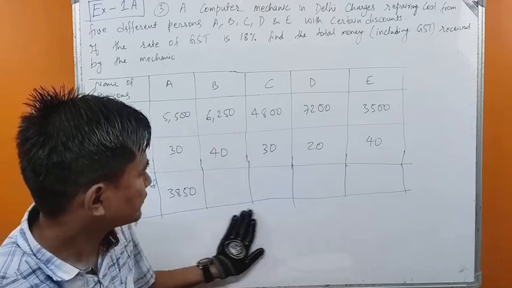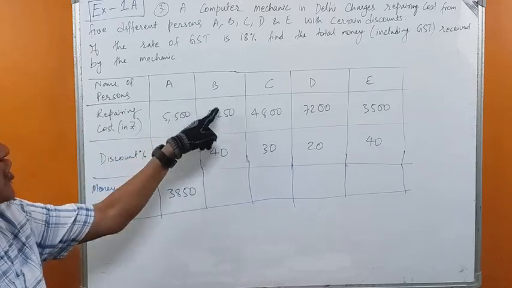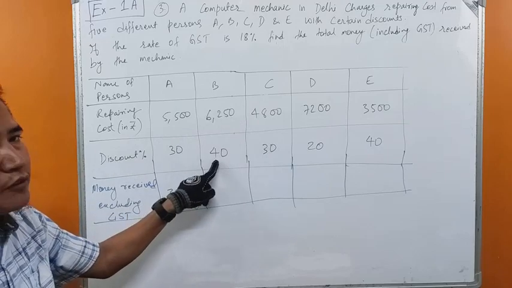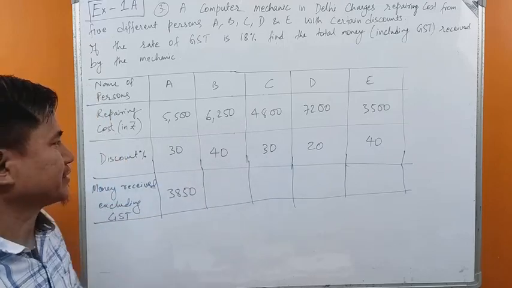Now repairing cost for B is 6,250, but he got a discount of 40%, which means he will pay only 60%, isn't it?